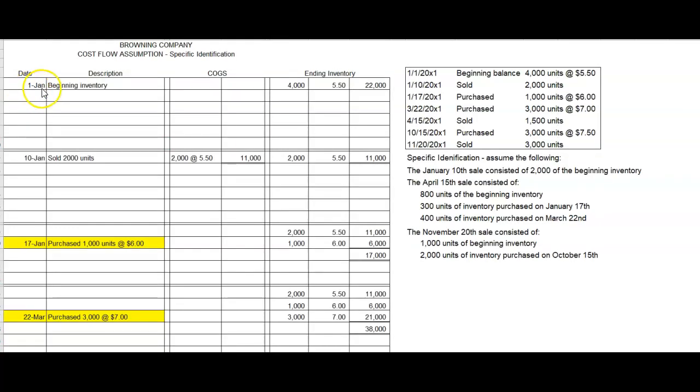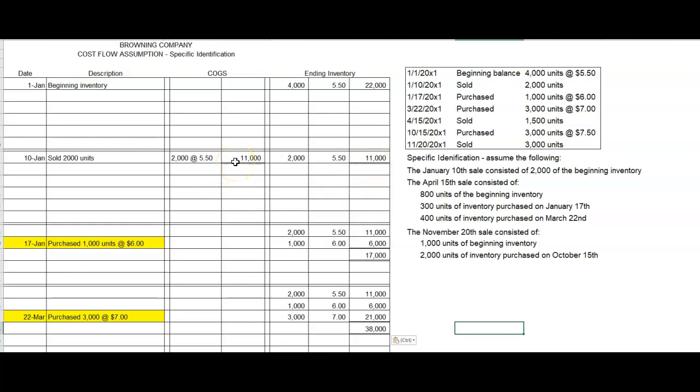Beginning inventory on January 1st consisted of 4,000 units at a cost of $5.50 each for $22,000 total inventory at that date. On January 10th, we sold 2,000 units at a cost of $5.50 each for $11,000 cost of goods sold. 4,000 were available minus 2,000 that were sold leaves an ending inventory after that sale of 2,000 items at $5.50 apiece equals $11,000 of ending inventory.